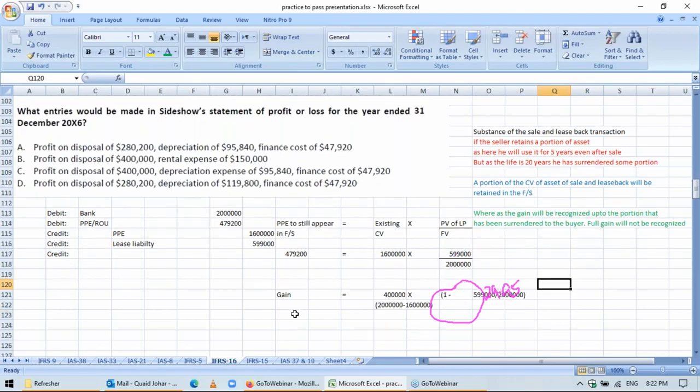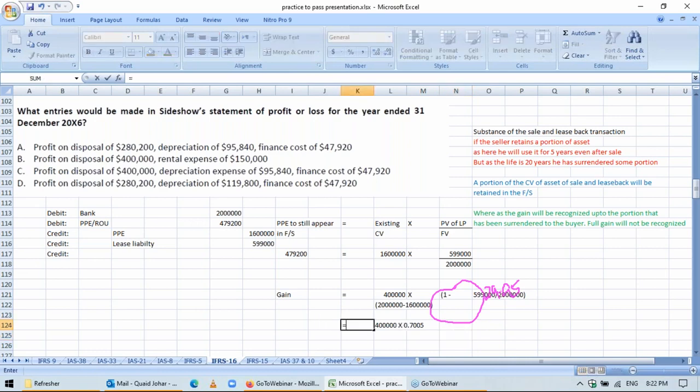So the gain that will be recognized over here is 4 lakh multiplied by 0.7005, meaning 70.05%, the portion that is surrendered.